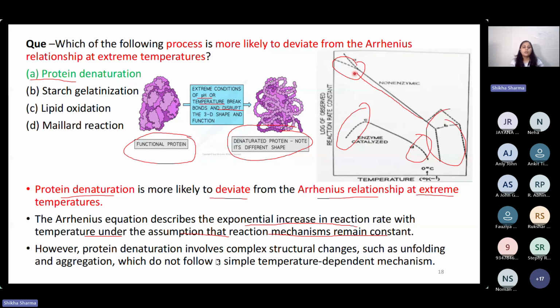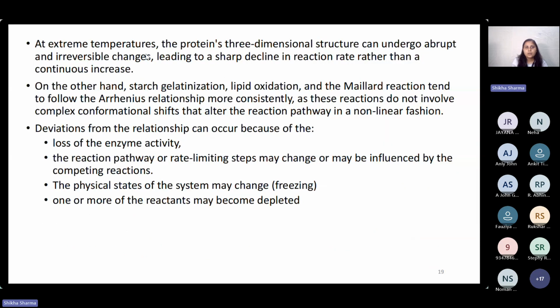But protein denaturation involves complex structural changes, including unfolding and aggregation of the protein, which do not follow a simple temperature-dependent mechanism. At extreme temperatures, the protein's 3D structure can undergo abrupt and irreversible changes, leading to a sharp decline in the reaction rate rather than a continuous increase.